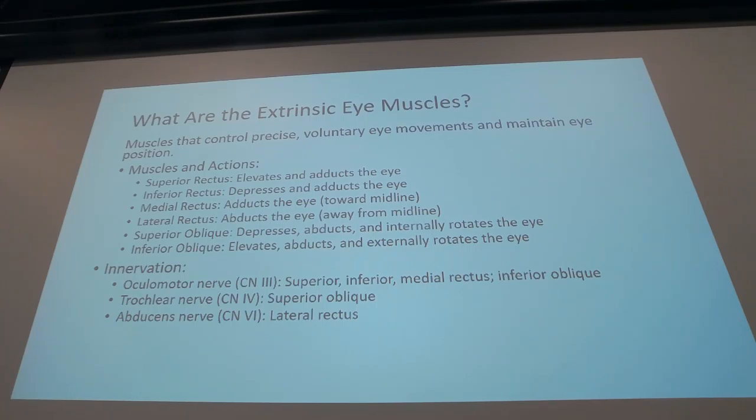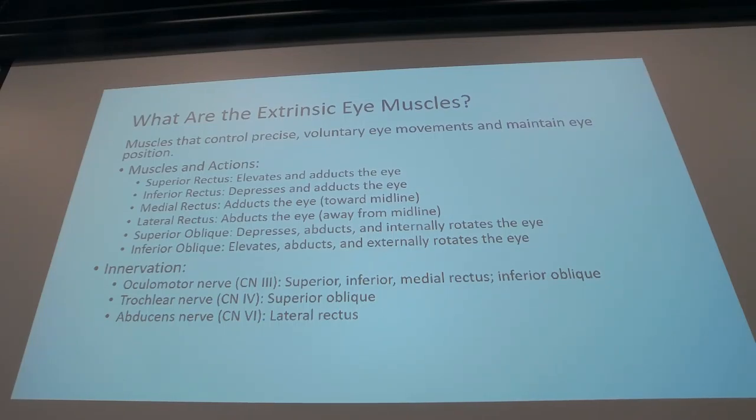So we have 4 rectuses, so 4 muscles that have fibers that run straight. And they're called based on which area of the eye they insert. So if one inserts into the superior area of the eye, it will be superior rectus. The other one, inferior rectus, inserts inferiorly. One inserts in the middle part of our eye, so that will be medial rectus, and the other one that inserts in the lateral part of our eye will be lateral rectus.